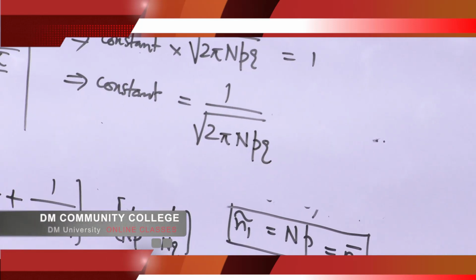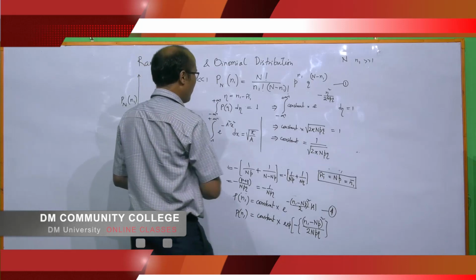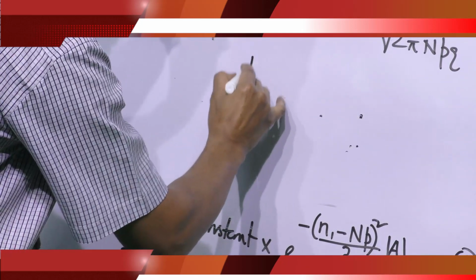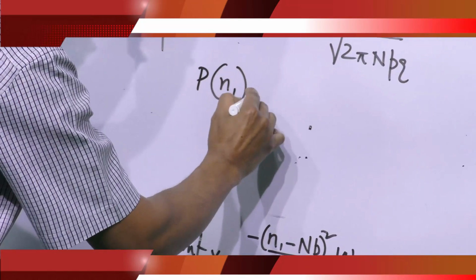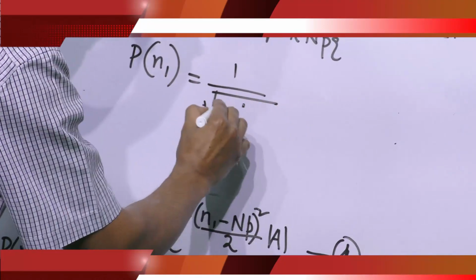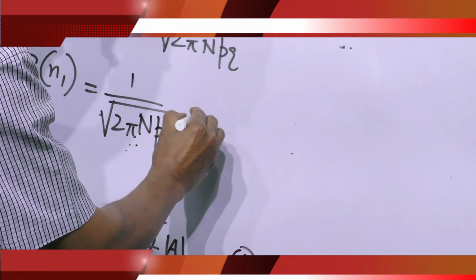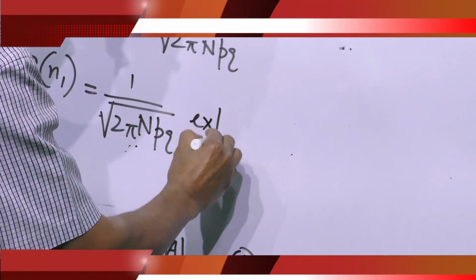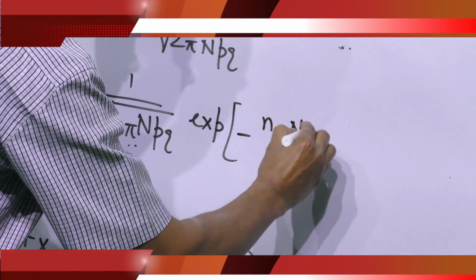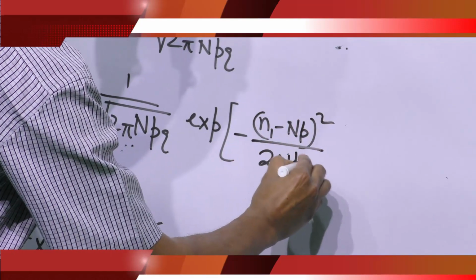So finally we can write down this probability density P of n1 is equal to 1 over under root of 2 pi npq times exponential of minus (n1 minus np) square divided by 2npq.